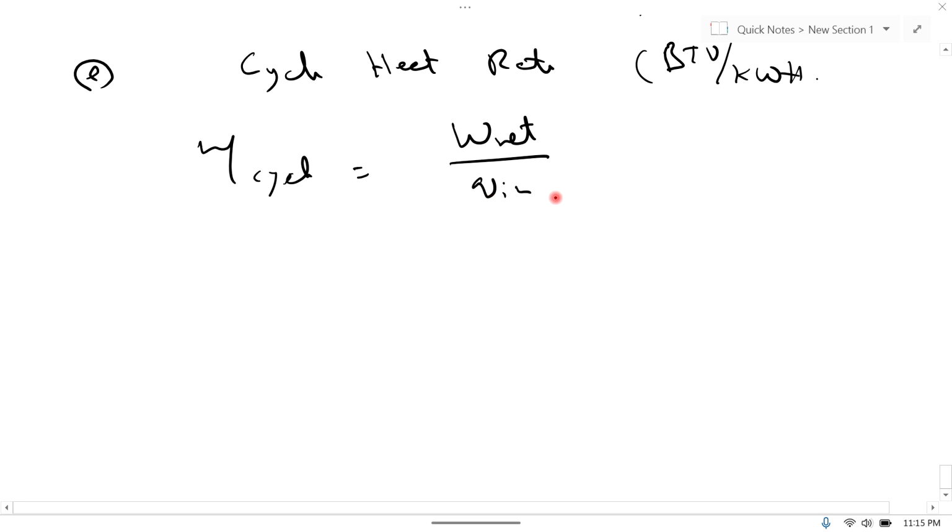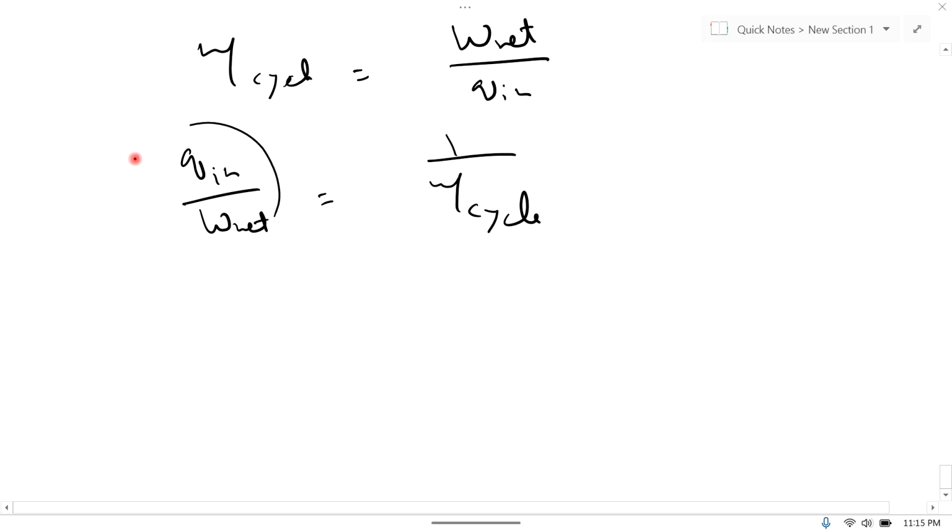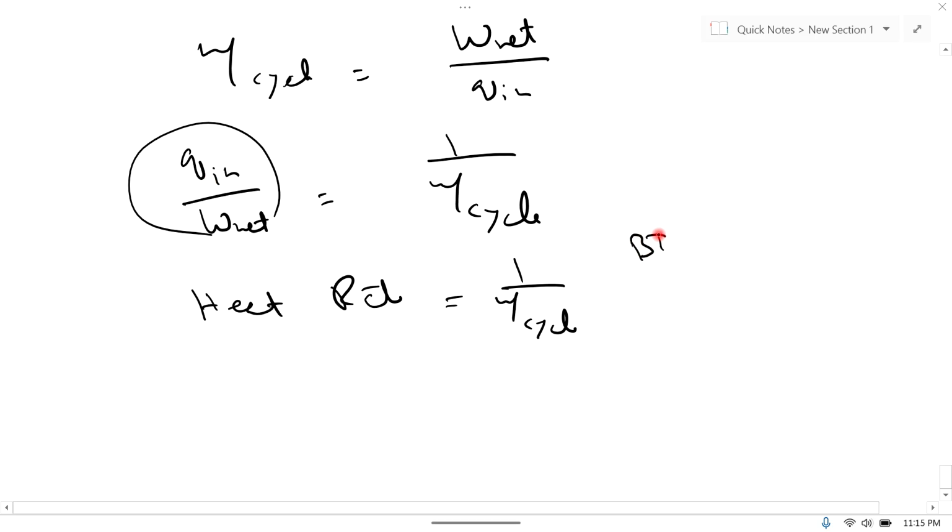Heat rate is Q divided by W, so Qin divided by net work, taking the reciprocal, will be 1 over cycle efficiency. Now basically this is heat rate. So heat rate is equal to 1 over cycle efficiency, and the unit of Qin is BTU per hour, and this is also BTU per hour.